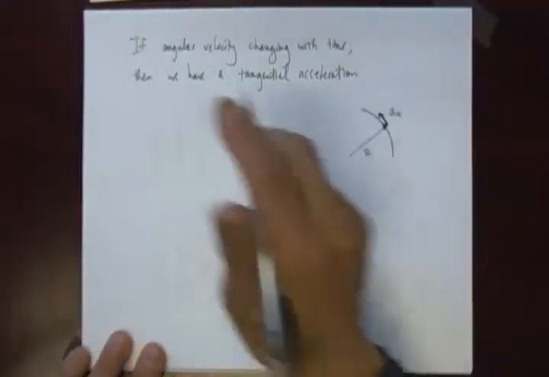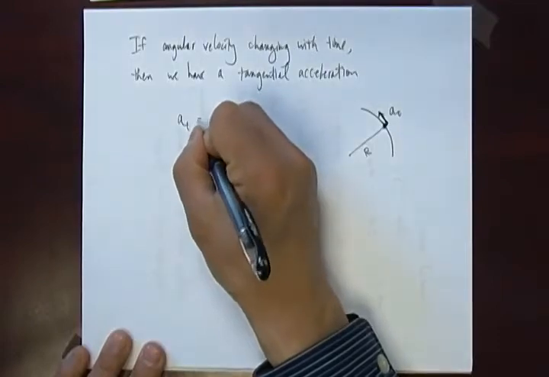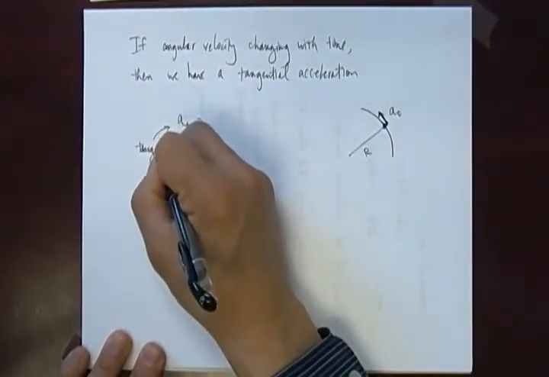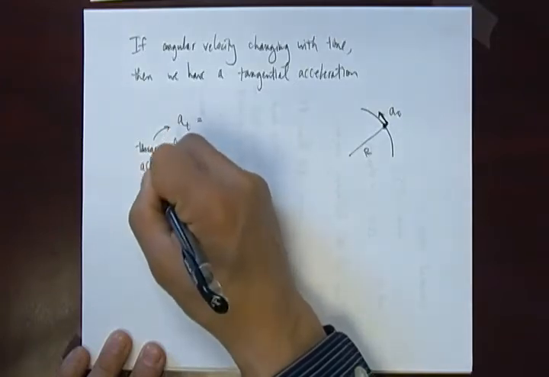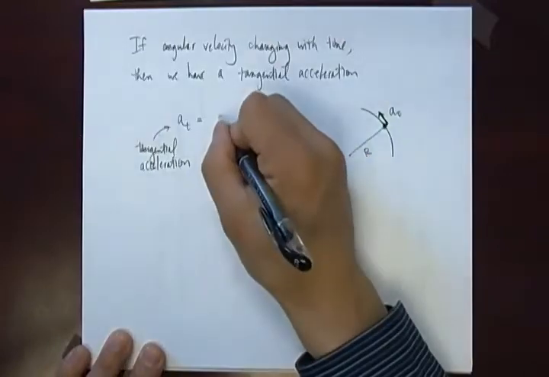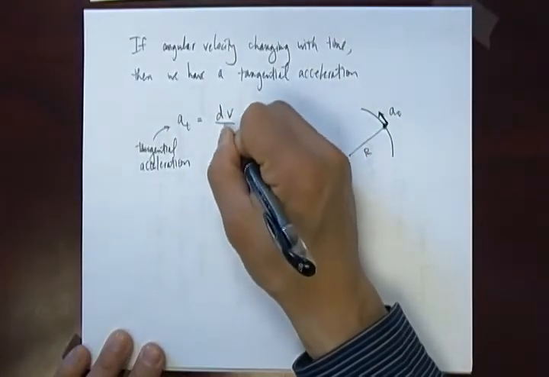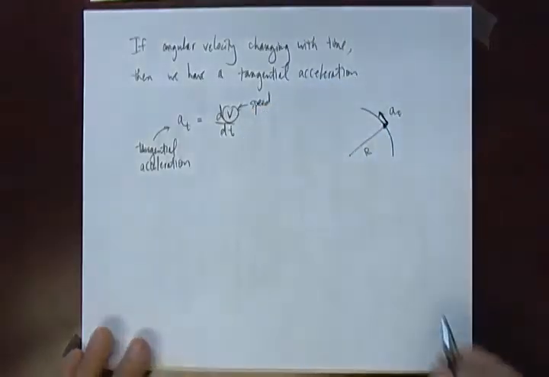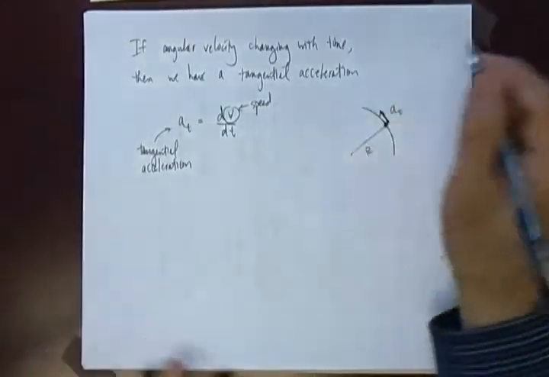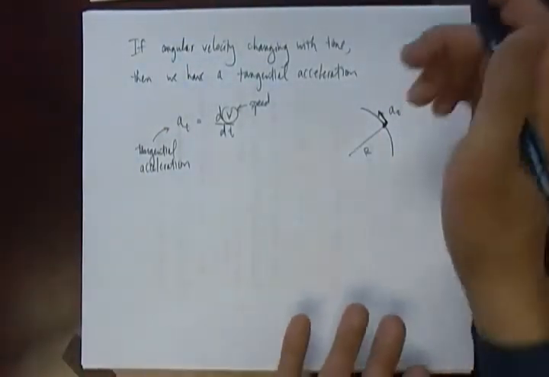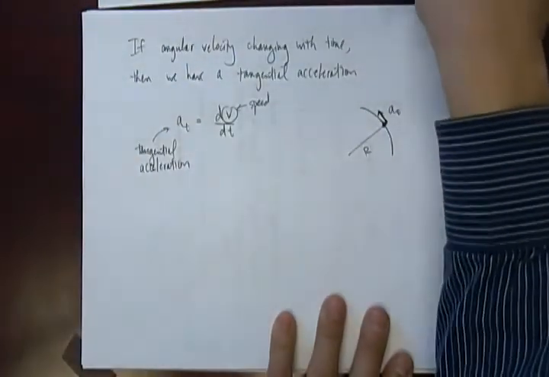So the tangential acceleration is dv/dt, the derivative of the speed. This v is just a plain old speed. This is something we learned already, the tangential acceleration.